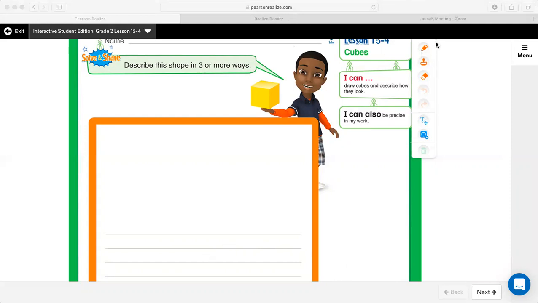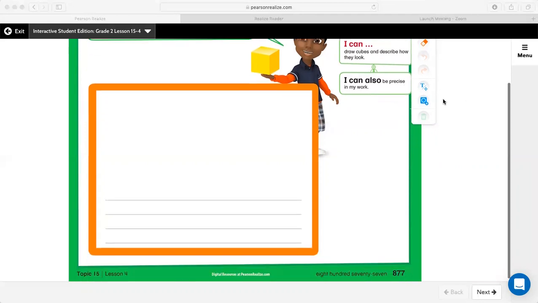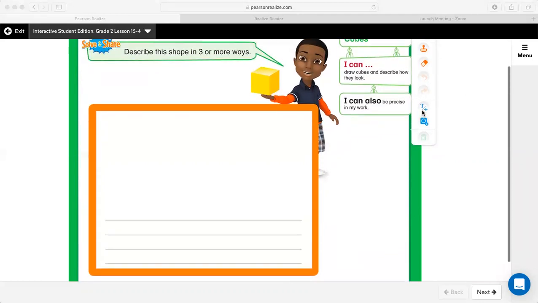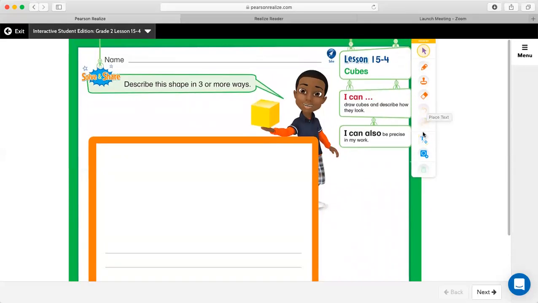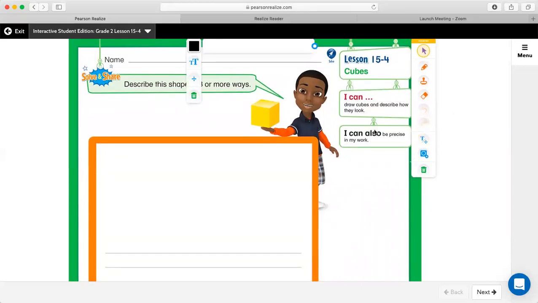We're asked here to describe this yellow shape. The first thing that I would say, if this were me, is that it is yellow. I would say that it is 3D.